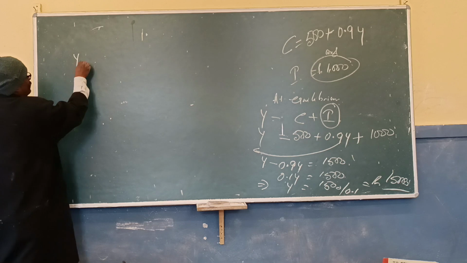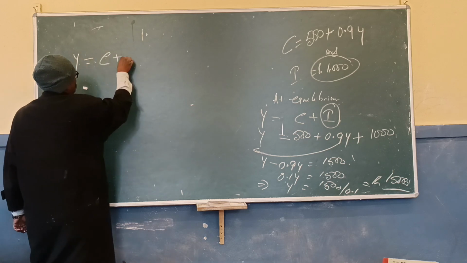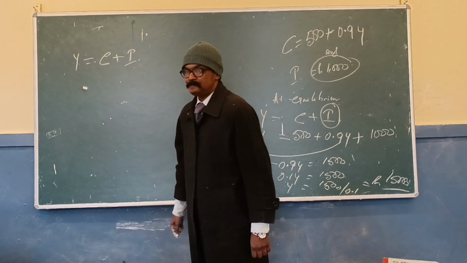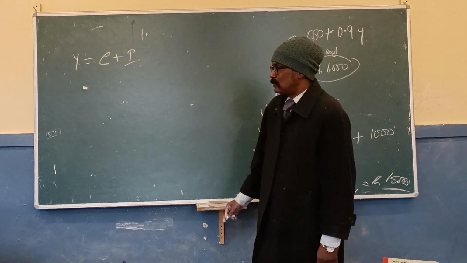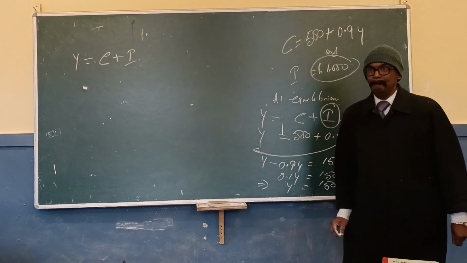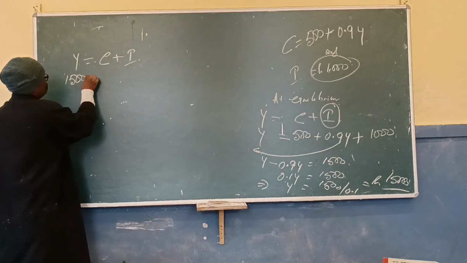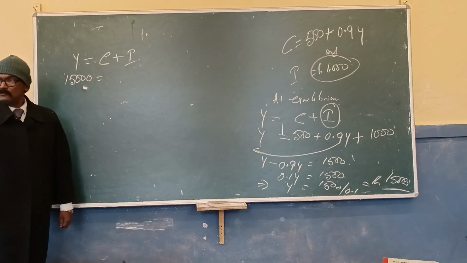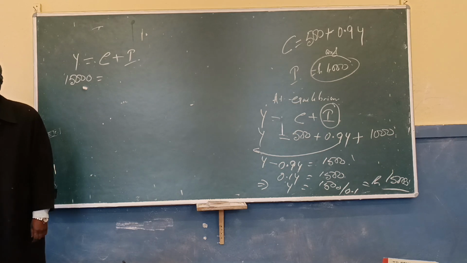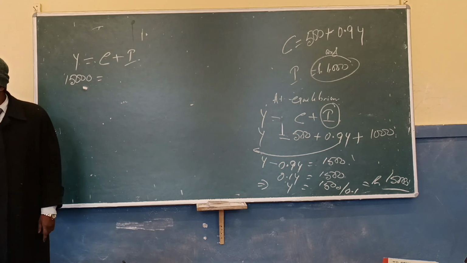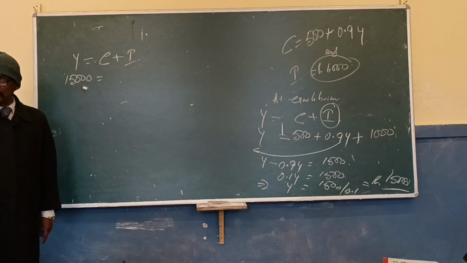Otherwise, again the formula remains the same. Y is equal to C plus I. What is the value of Y? 15,000. Very good, 15,000. I will write 15,000. What is the value of C? We don't know. We have to find out C. Just now it is said you have to find out consumption at equilibrium, isn't it?